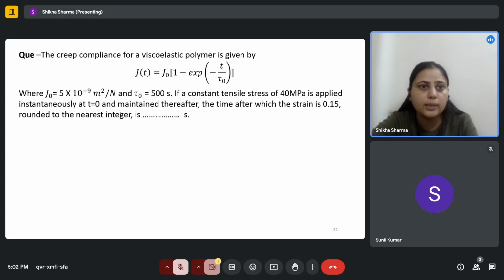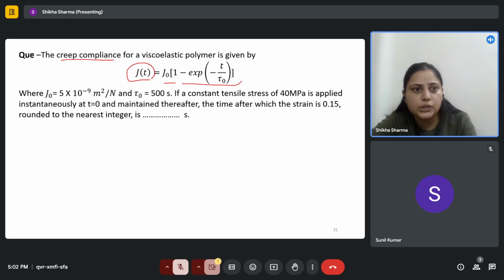This is not creep, this is creep compliance, denoted by J at time t equals J naught, the initial creep compliance, multiplied by 1 minus exponential minus t by tau naught, which is the relaxation time, where J naught is given as 5 into 10 to the power minus 9 meter square per Newton, and the stress relaxation time is given as 500 second.